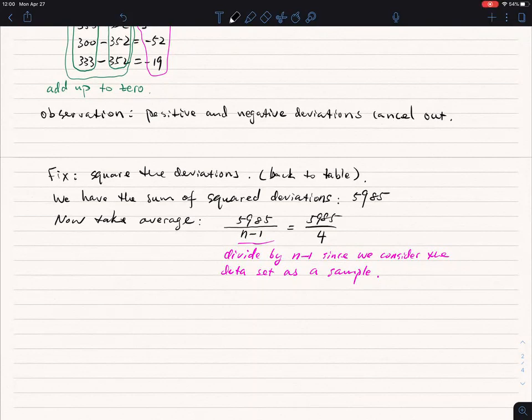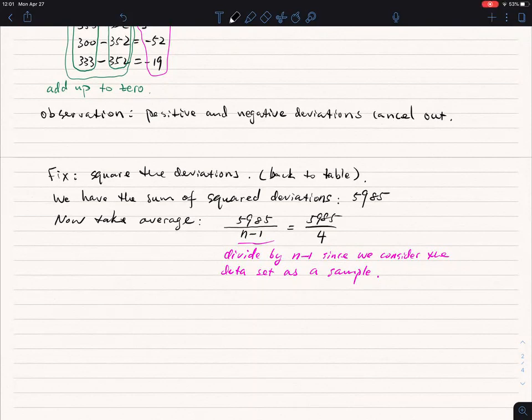So we just remember that we are treating all the data sets in this chapter as samples. When you compute the mean, it doesn't make any difference. For sample or for population, there's only one method to compute the mean. But it makes a difference if you compute the standard deviation.